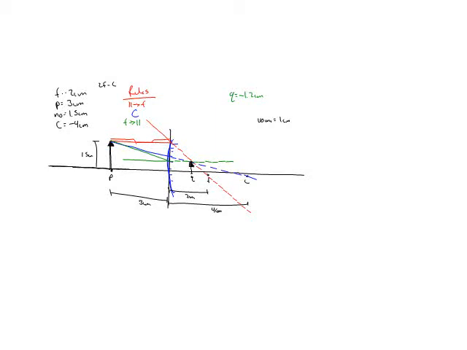So this was 1.2, and mine's 0.7. Not super great, but it'll work. So my height of my image here, not HO, it's HI, I got 0.7. So write down whatever you get for your height.